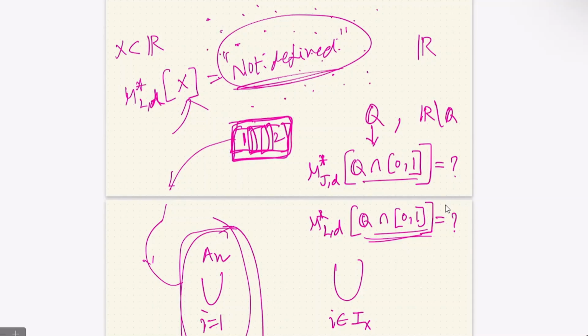And if I eliminate all those subsets where we cannot define it, then what is the nature of the nice collection of sets after removing these non-measurable sets? So that brings you sigma algebra. So the path to the sigma algebra is this one.